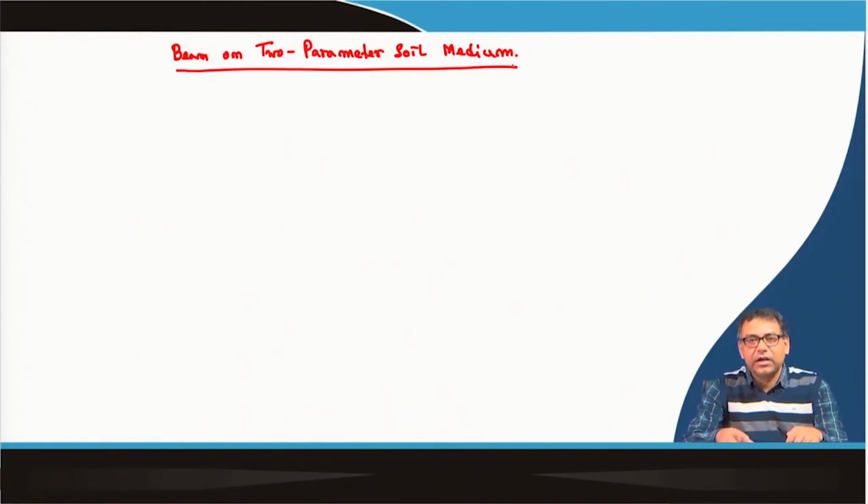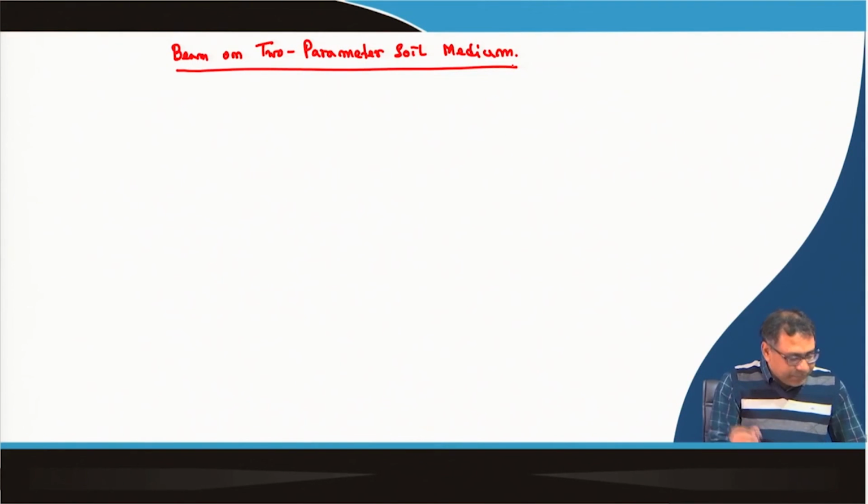So, deflections are confined within the beam region only. We will not get any deformation outside the beam region, but actually if I model a foundation as a beam, there will be deformation beyond the foundation also in the soil. To get that deformation, you have to model the soil as a two parameter model, and then over that two parameter model we have to place the beam.